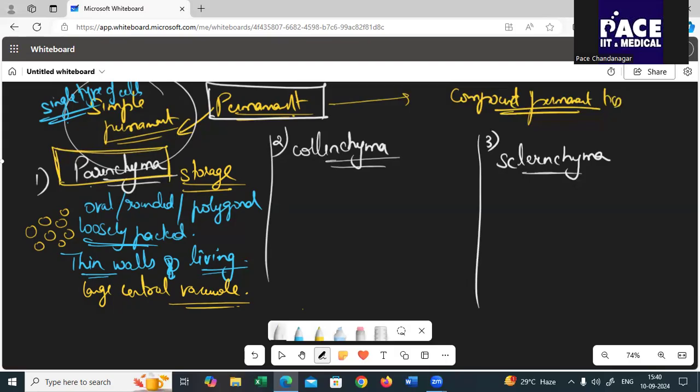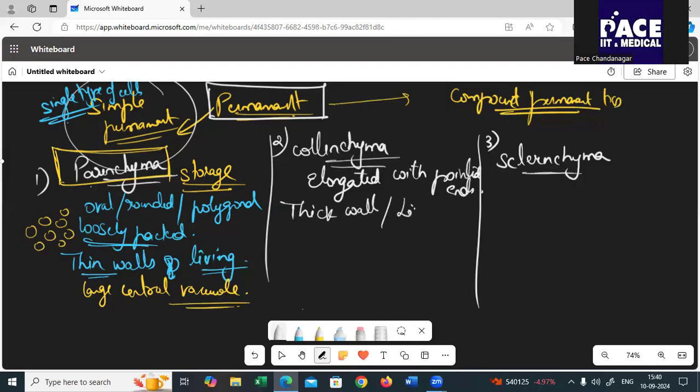Then similarly, if I have to talk about collenchyma, collenchyma is elongated with pointed ends. This is round, oval, and polygonal. Here it is elongated with pointed ends. This has thick walls as compared to parenchyma. It is also a living tissue only, and it also has pectin, pectinized corners.